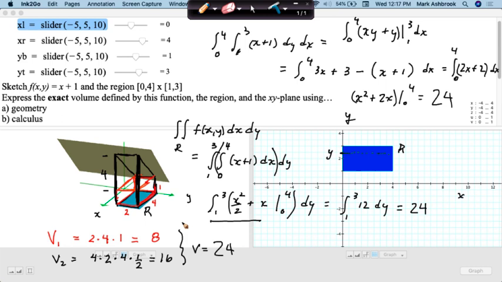Alex? If the function is 1, we could use it to find area, that's true. But we still are getting a volume with height 1. It's volume underneath the surface, but it doesn't mean that your answer is in volume units, depending on the units of the problem.